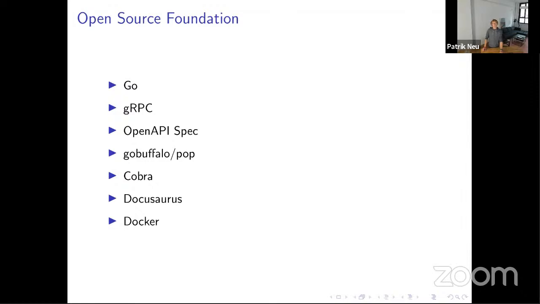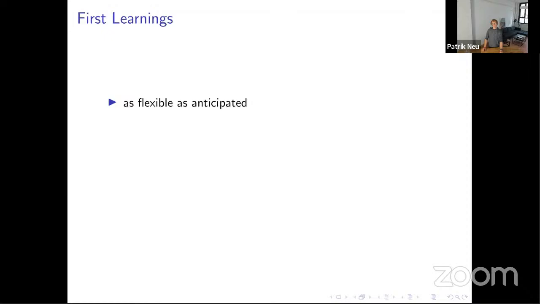The first learnings we had after, I think it's now one month of the first alpha release, is that the relation tuples and the API are really as flexible as anticipated. We got a lot of ideas from the community on how it can be used in various systems, and also from our own experience in our SaaS cloud production system. We just noticed it does anything we need.